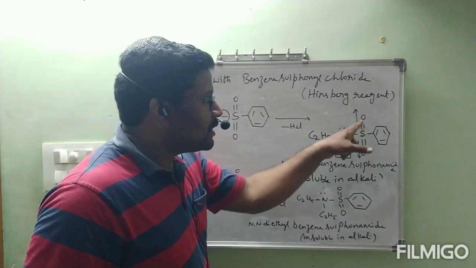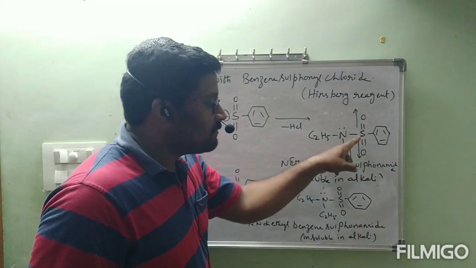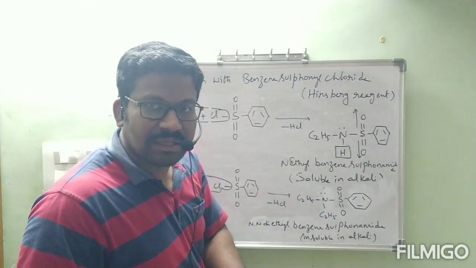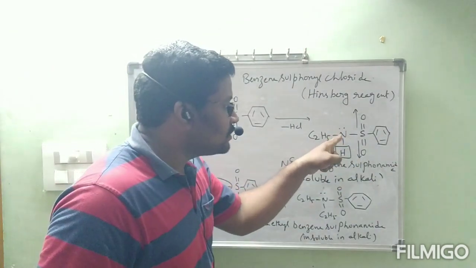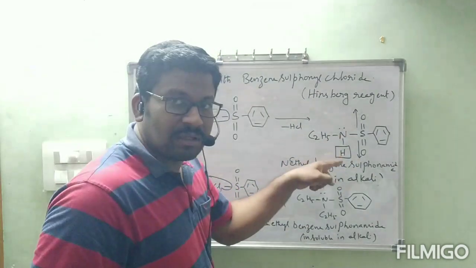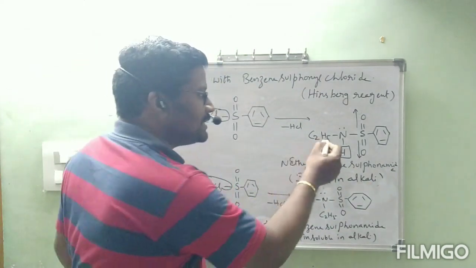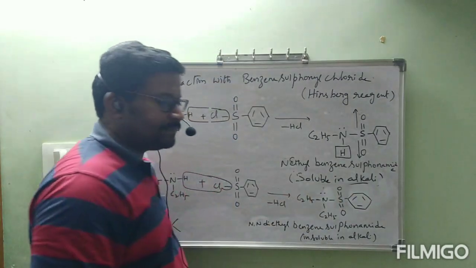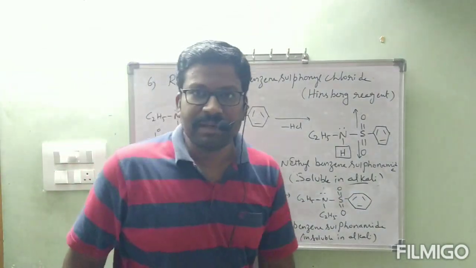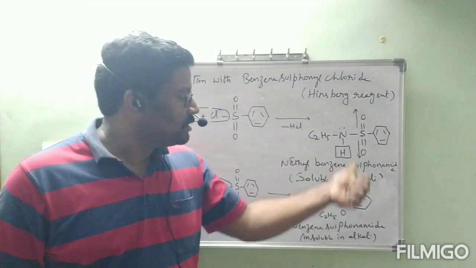Sulfur gets very little electron density, so it attracts electrons from nitrogen, and nitrogen attracts electrons from hydrogen. This hydrogen can be given out easily. This is behaving like an acid, so it is soluble in alkali. Alkali means base.